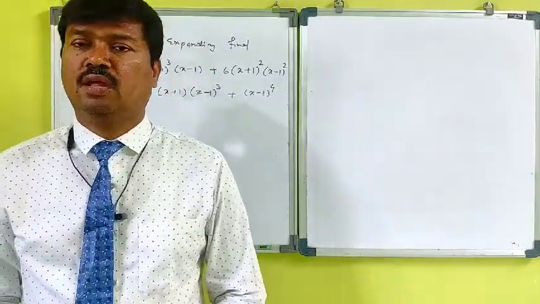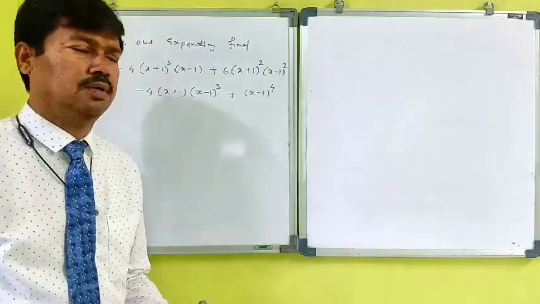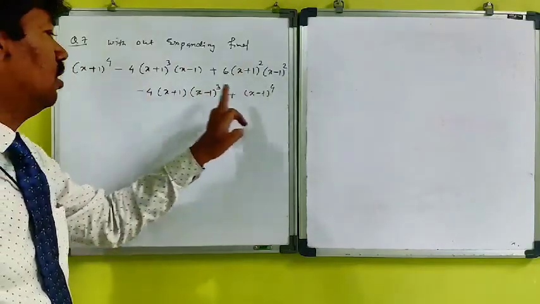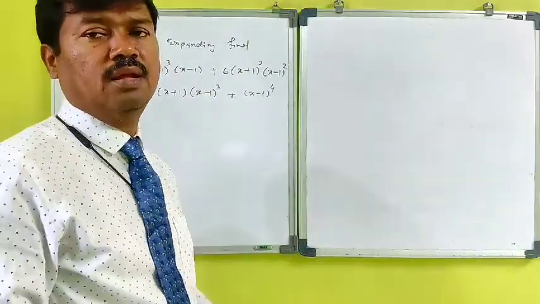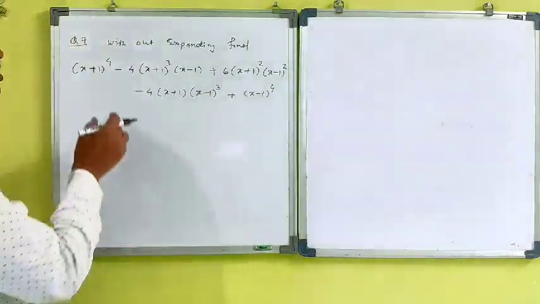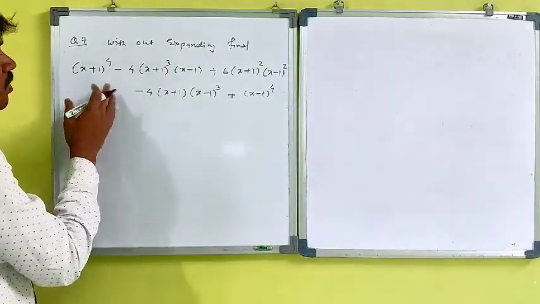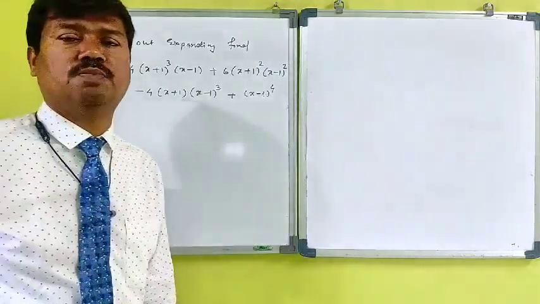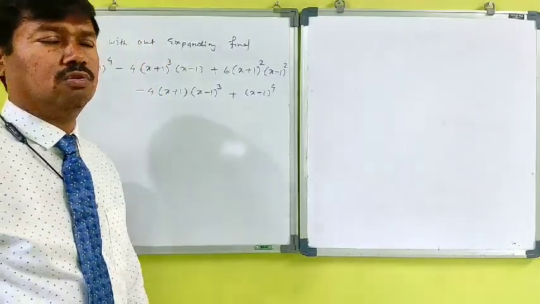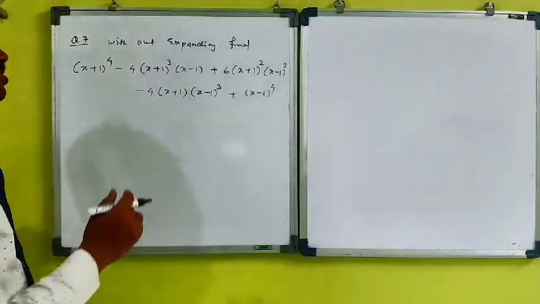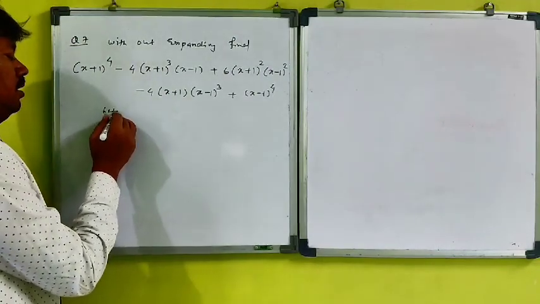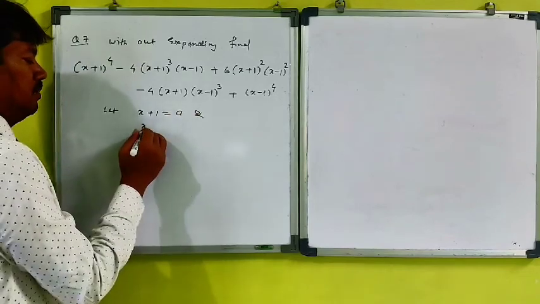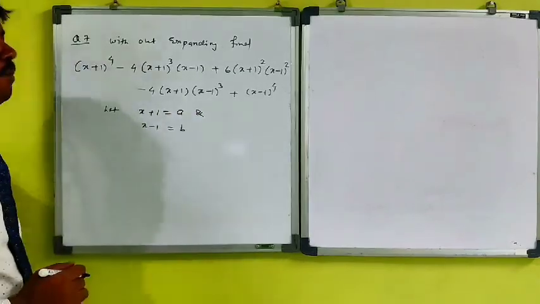So how to find this? You have to observe this particular sum properly. The coefficients are 1, 4, 6, 4, 1. These are the coefficients here. This is exactly the same as (a minus b), because plus and minus are also there. So it is (a minus b) raised to the 4th power. If you compare this, let x plus 1 be a and x minus 1 be b.